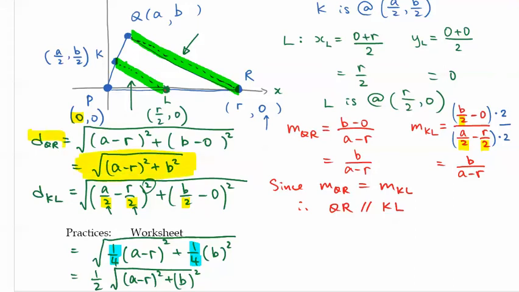Here is the distance for QR, and now the distance of KL is in fact 1/2 of the distance we saw in this case. So here we have successfully proven that the line from K to L is half the length of the line from Q to R.